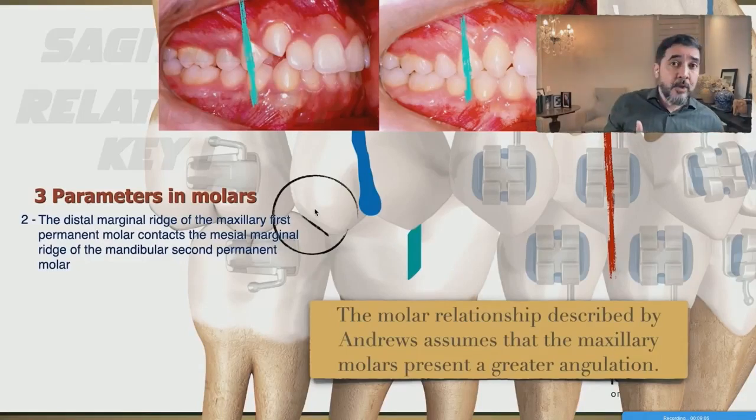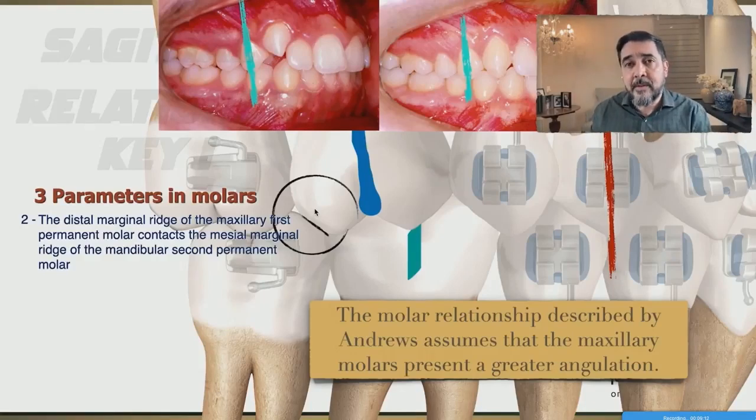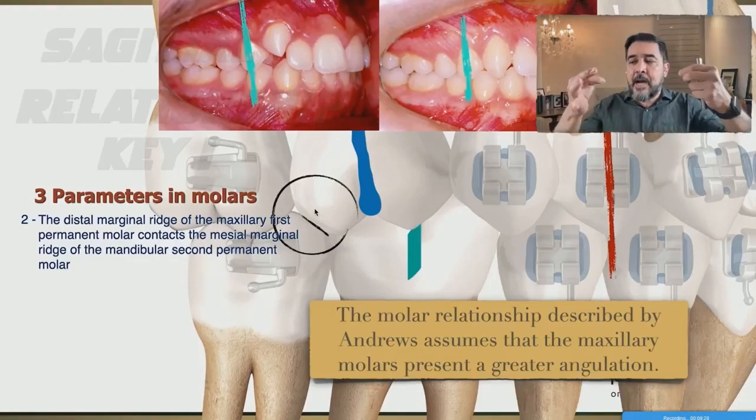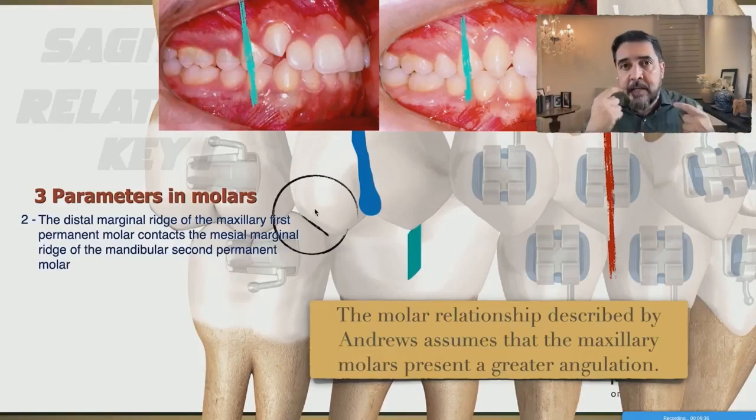But sometimes I don't have this. Why is that? Because I'm finishing my case in a full step class 2. When does this happen? It will happen when we extract upper bicuspids, first or second, or, for example, when I close the space of a congenitally missing lateral incisor, substituting the canine in the position of the lateral and the first premolar in the position of the canine, so I will have just one premolar in each hemiarch.